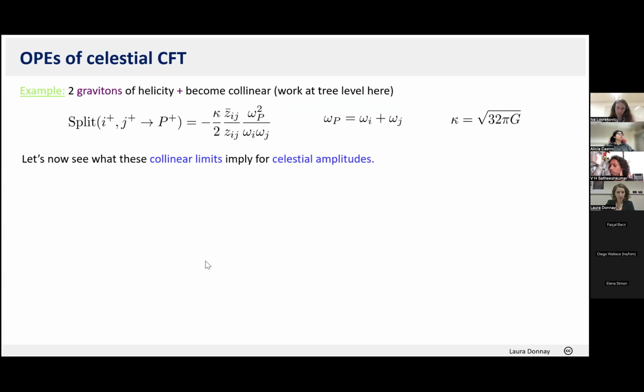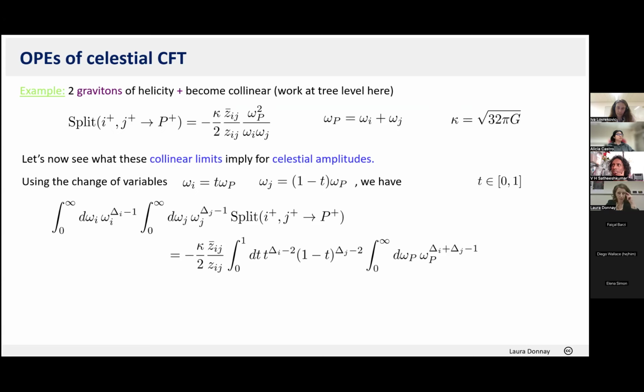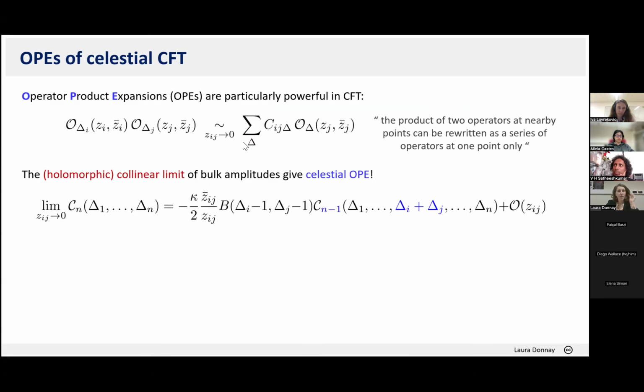extract these OPE coefficients. So again, from the point of view of a CFT, having this holomorphic singularity in the OPE is extremely natural. Think, for instance, of the OPE of a stress tensor in a 2D CFT.